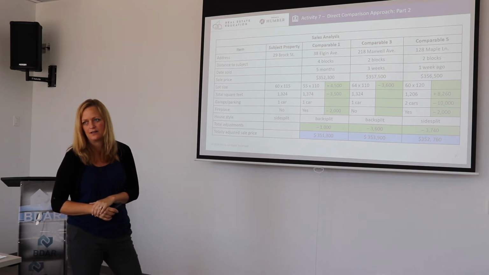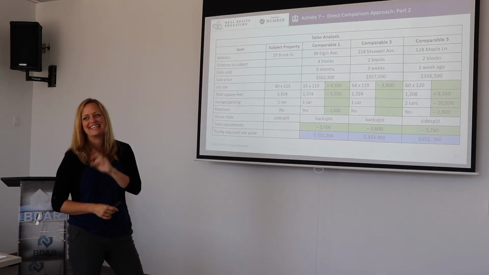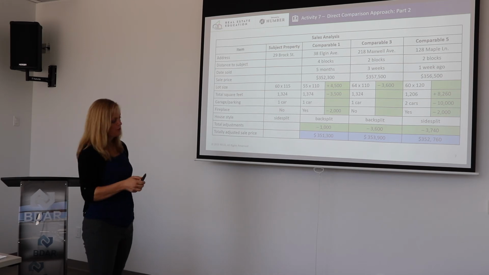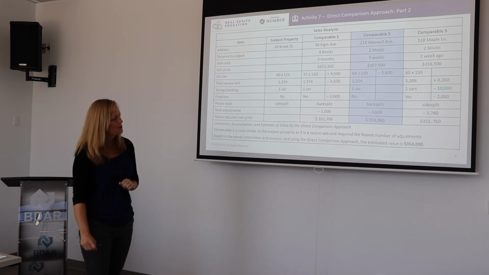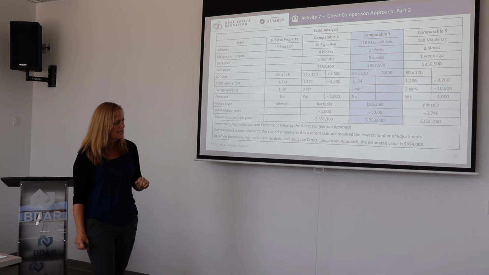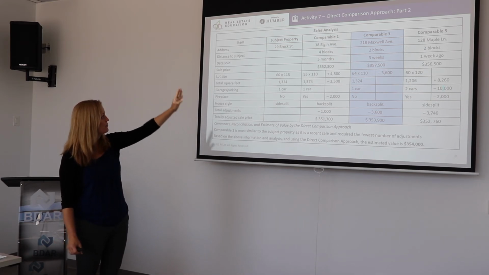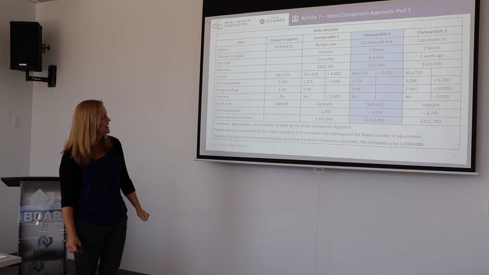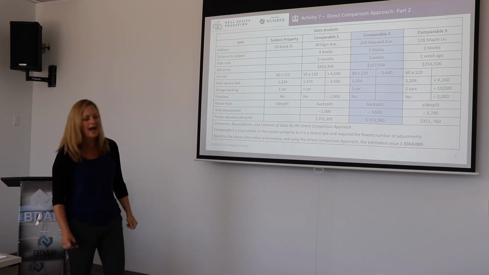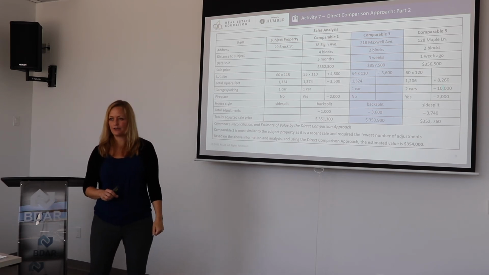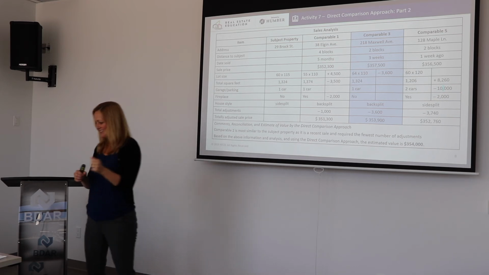Comparable 3 because of the least amount of adjustments. Exactly. So if we're going to choose one, we will choose comparable 3. And instead of averaging all 3, we will just choose that one and apply it to the subject property for their overall value. Okay. Awesome.